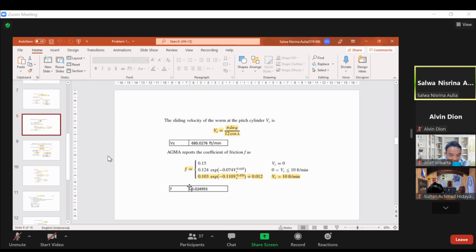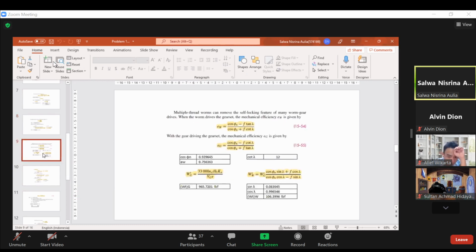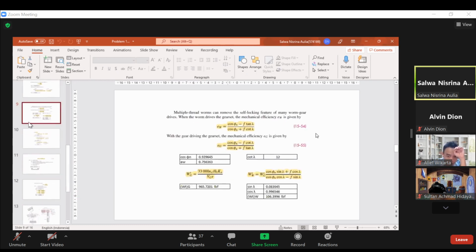With this equation, we can get the coefficient of friction. From the equation of friction, we can get the efficiency of the worm, because this is from worm to gear. So we can use this equation.